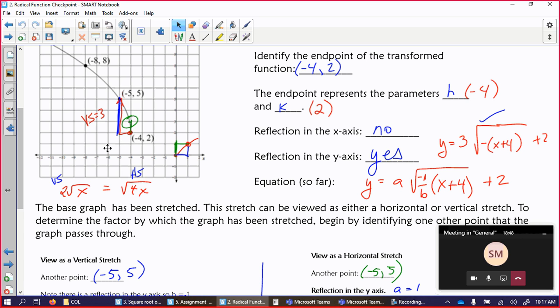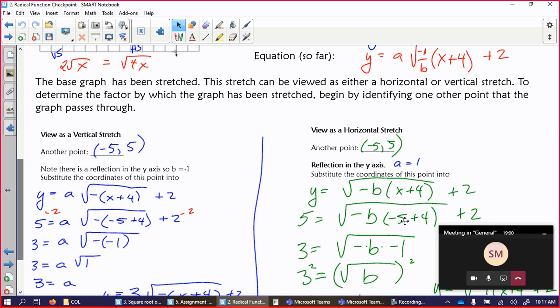This one had a vertical stretch of 3, but if I go over a ninth and up 1, I get to that 1 vertical. So technically, like I said earlier with quadratics, a vertical and a horizontal stretch are the same thing. You can look at it differently, and there's the relationship.